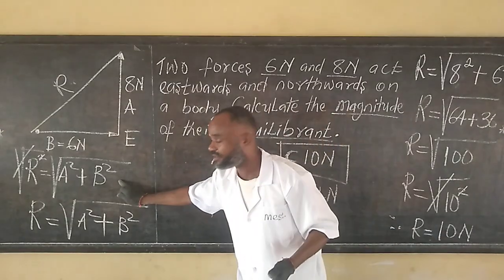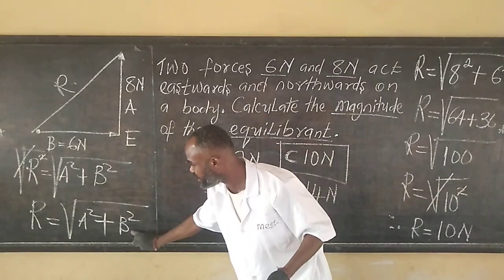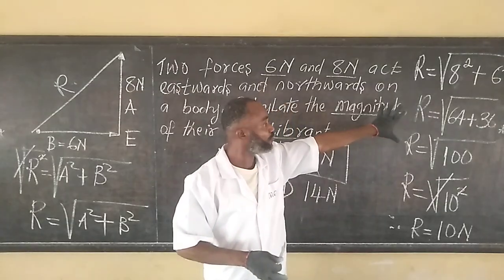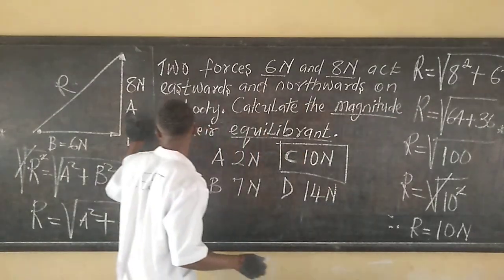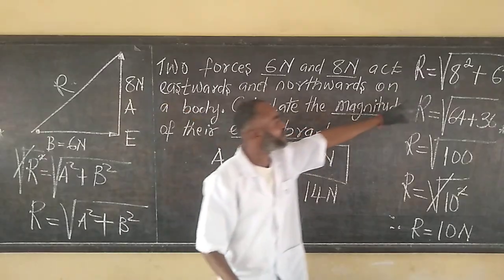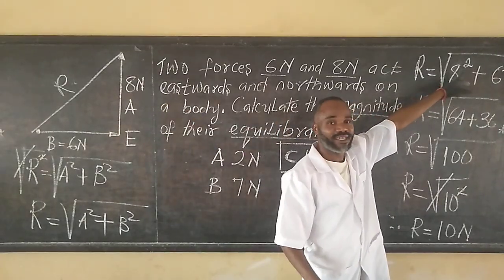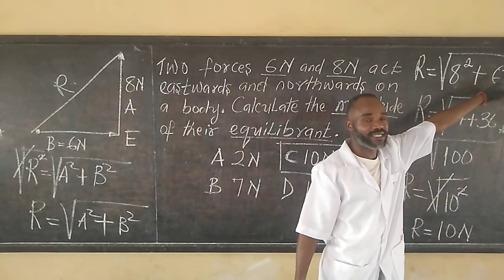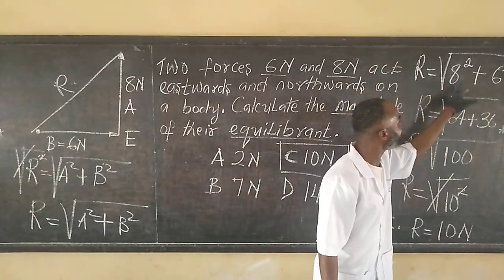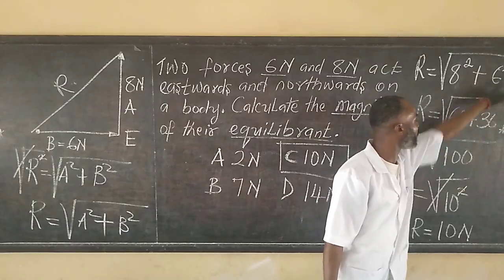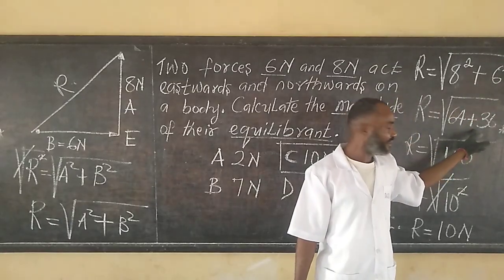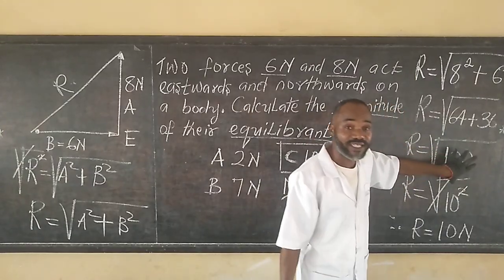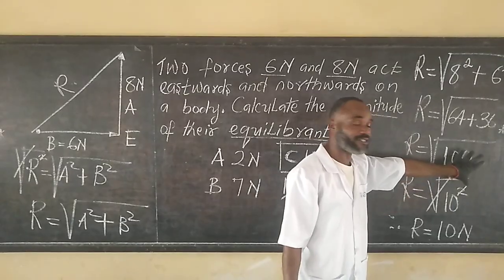We substitute 8 squared for A and 6 squared for B. 8 squared is 64, 6 squared is 36, 64 plus 36 is 100, the square root of 100.